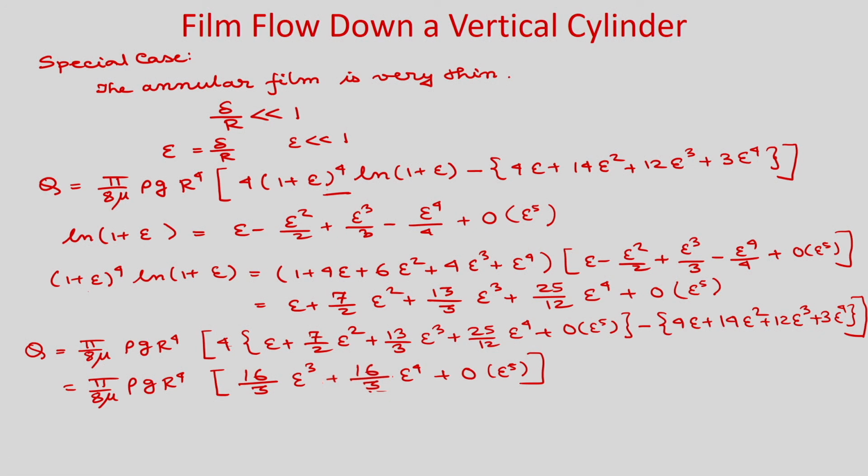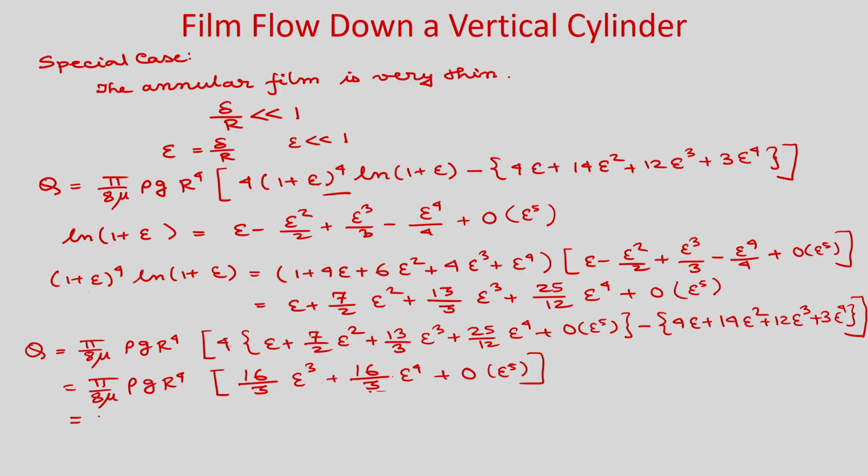Now, in this case we have assumed that epsilon is much smaller than 1. So, you can neglect the higher order terms keeping only the first term, okay. Then you will get the volume flow rate when you have a very thin film, okay.